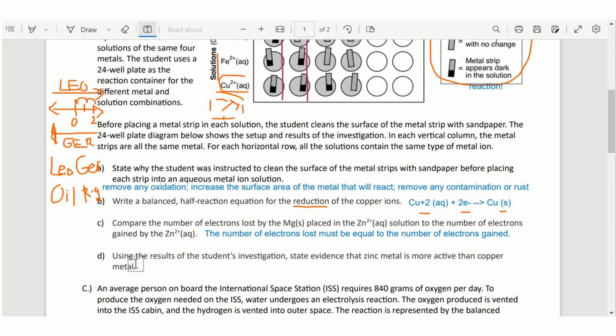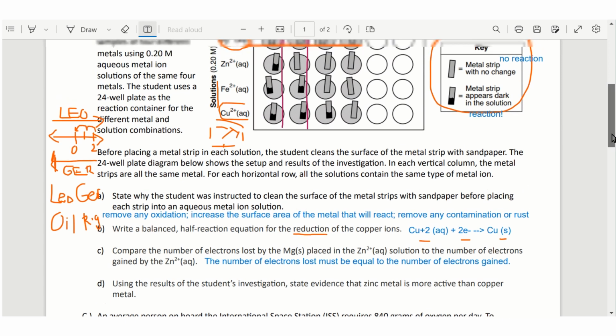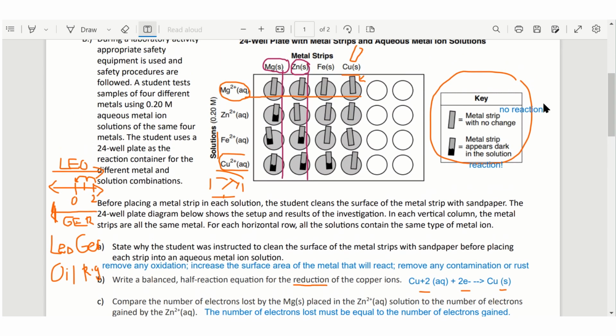Okay. Using the results of the student's investigation, state evidence that zinc metal is more active than copper metal. So I cannot talk about table J. I want to look at their evidence. So what do I see? Well, let's compare zinc and copper. So here is the copper piece. Here is the zinc piece.